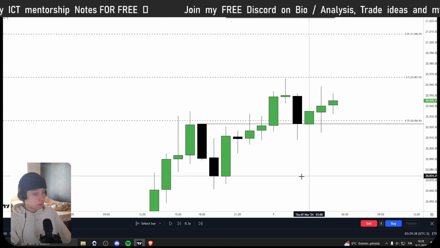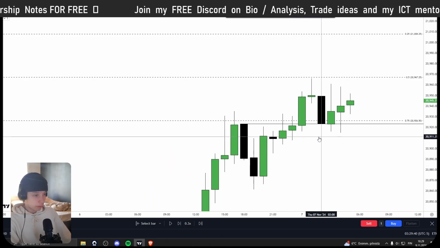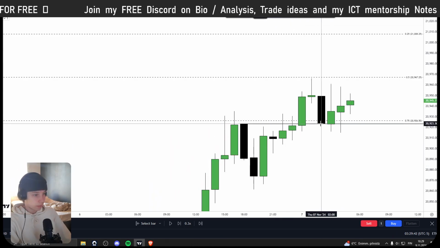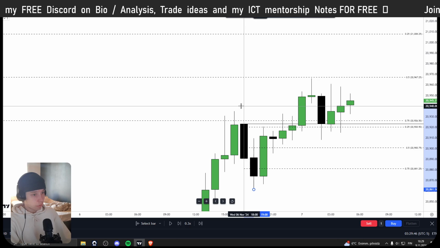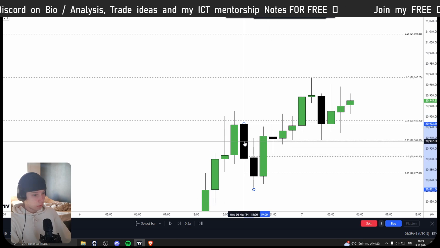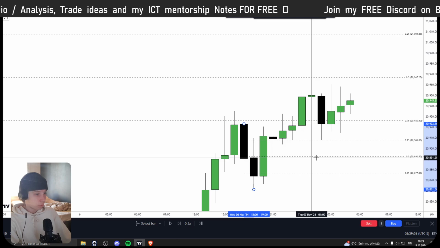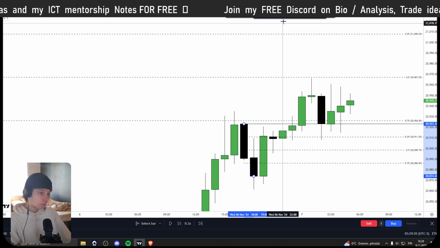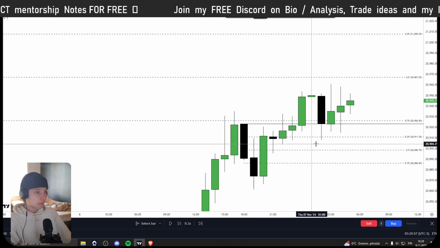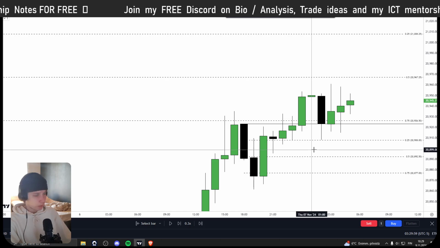And even if this traded far past down here, our order block levels are these ones. And even if you want to draw them from the body, you could still allow price to wick around down here.